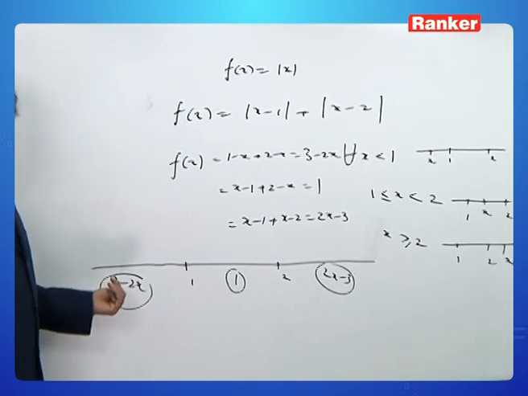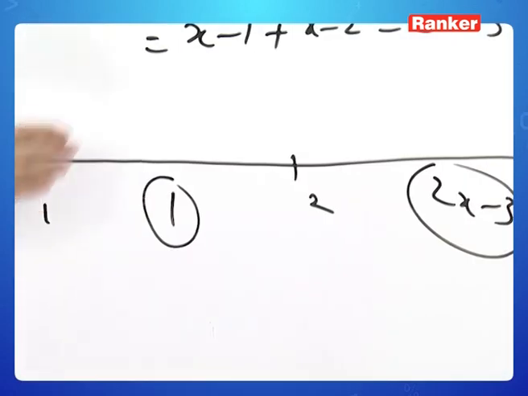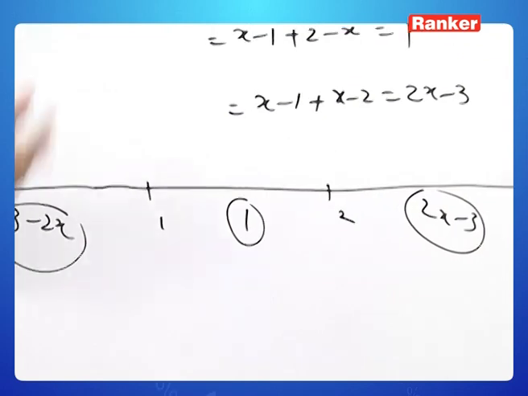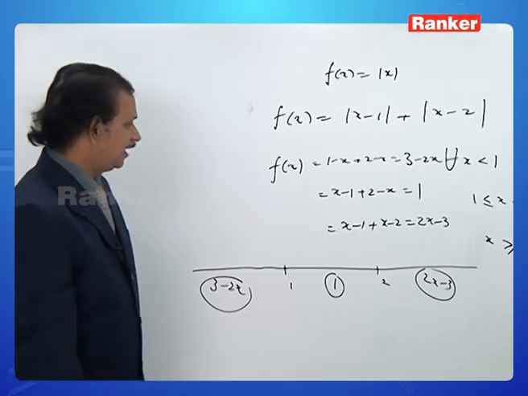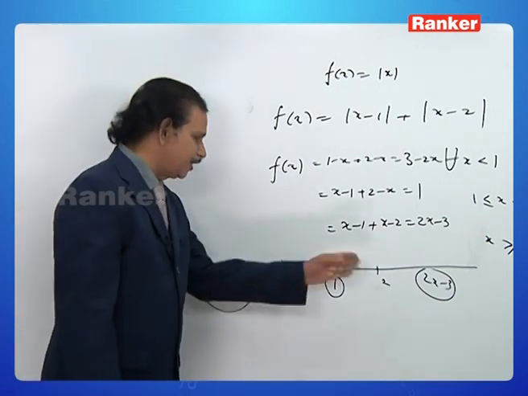Below 1, linear polynomial, continuous. Between 1 and 2, constant function, continuous. Above 2, linear polynomial, continuous. So if at all you feel any doubt, you may doubt at 1 and 2.